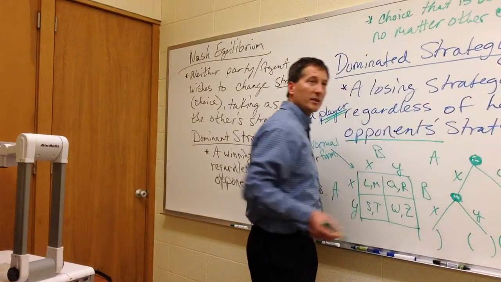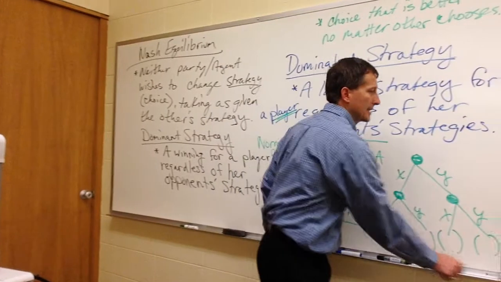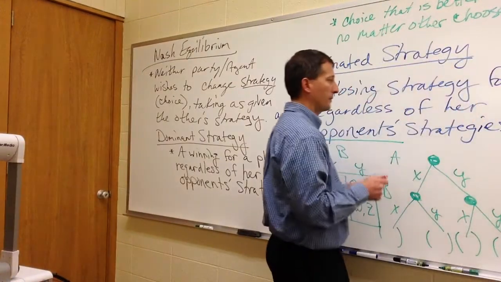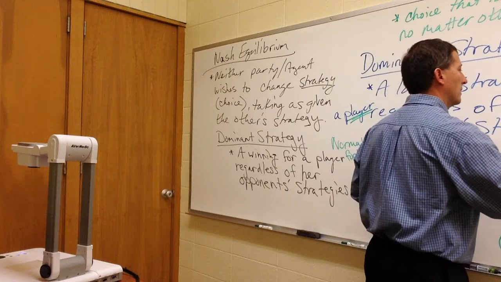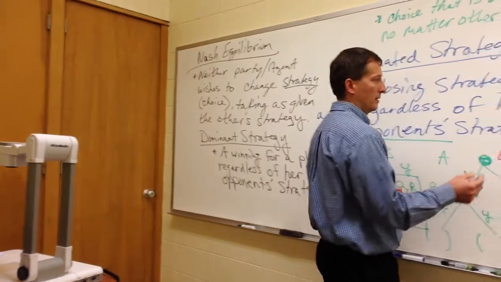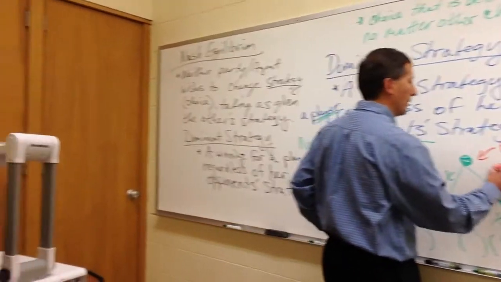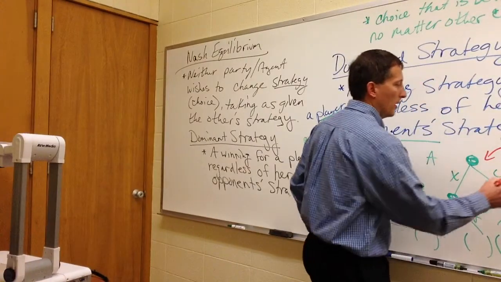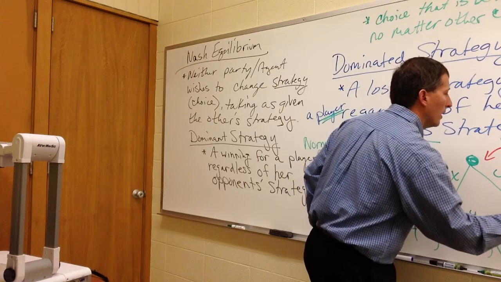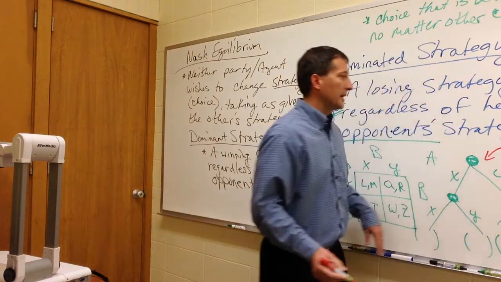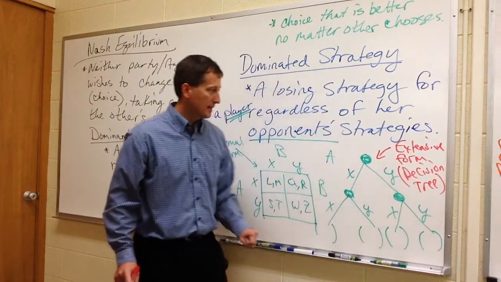If you get a game that looks like that, that's called the extensive game. Extensive form. Also called the decision tree. Or I might call it the game tree. So it looks like a tree with branches. That's the extensive form of the game.